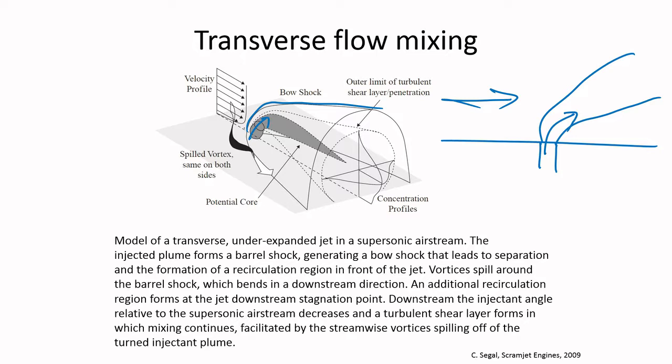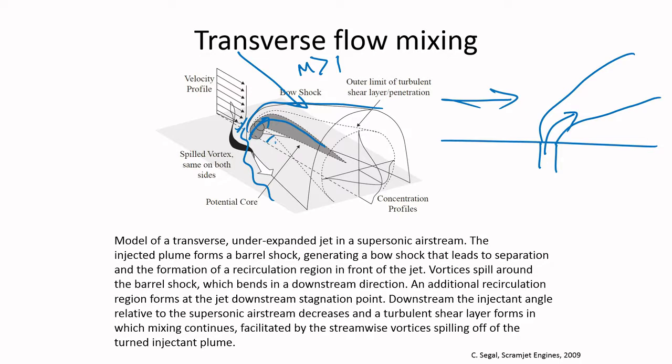And these vortices spill around the barrel shock, and the jet bends in the downstream direction, because there is a very strong momentum of air coming, which immediately bends the jet. Recirculation zones are formed at both upstream and downstream locations, here and here.